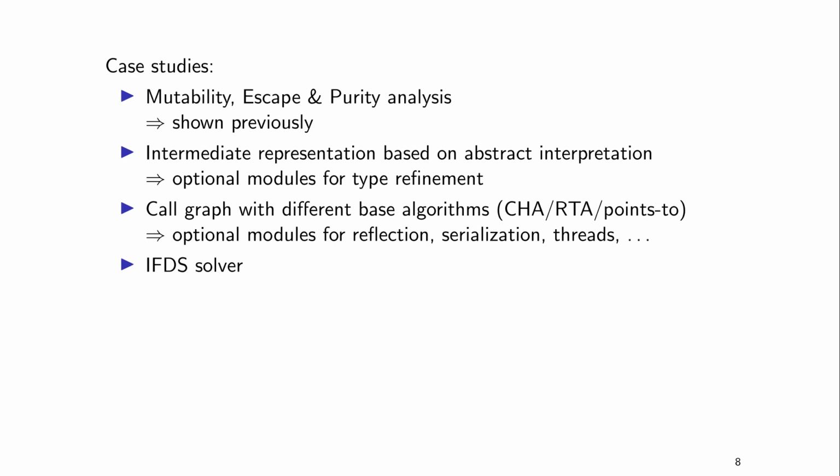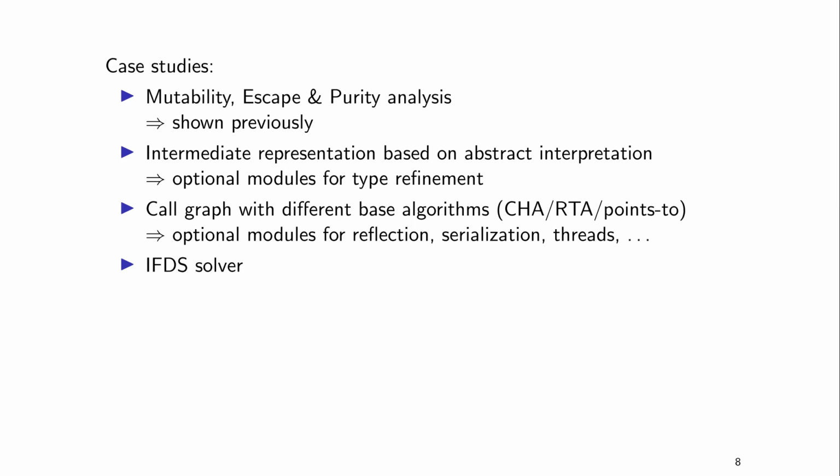Using these features, we implemented several case studies to show how dissimilar analyses can be implemented in OPAL. Besides the mutability, escape, and purity analyses shown earlier, this includes the computation of an intermediate representation that is based on abstract interpretation and that includes optional modules to refine the types of fields and method return values.